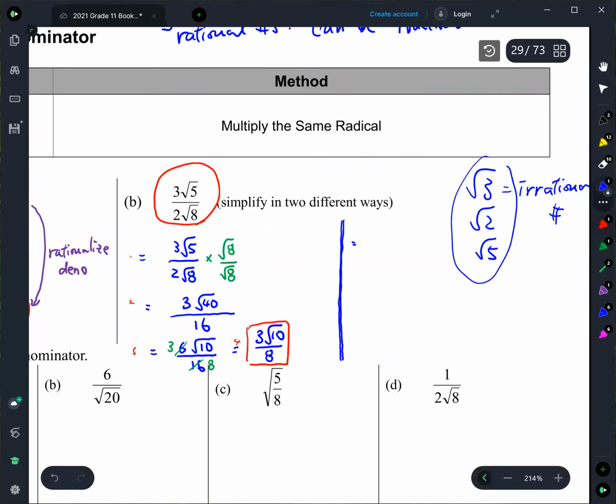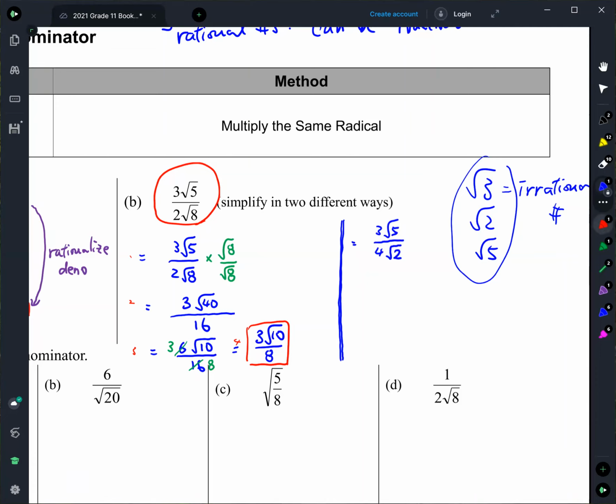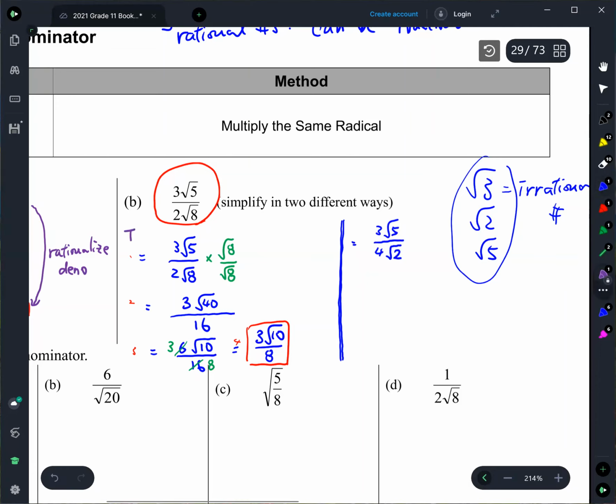So instead of multiplying first, I'm going to take things out first. So 2 goes out, makes it 4 on the outside, inside is 2. Okay, this is the first way. This is the second way, okay? You compare them. So we will rationalize the square root 2 instead, okay? So root 2 and root 2.